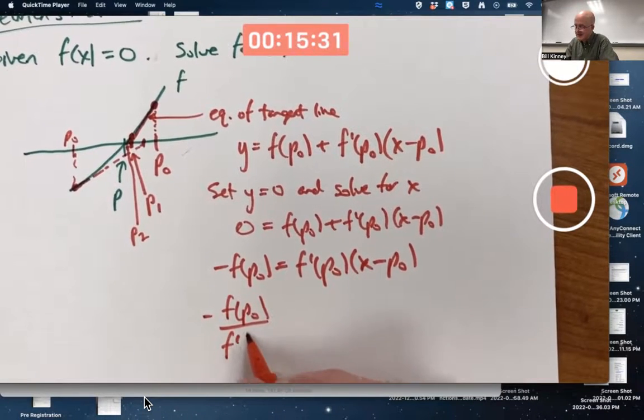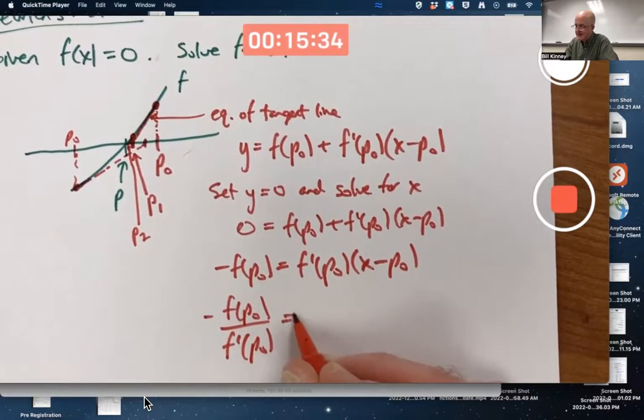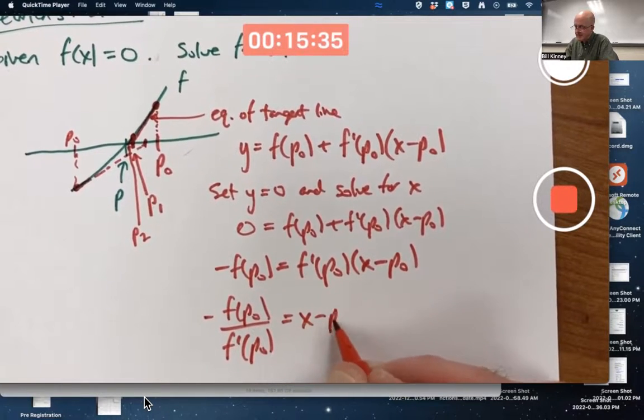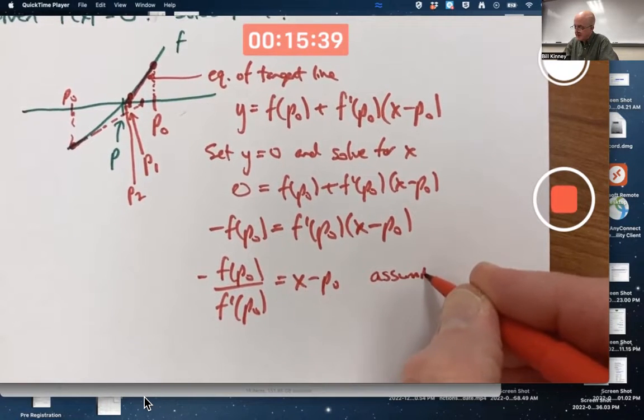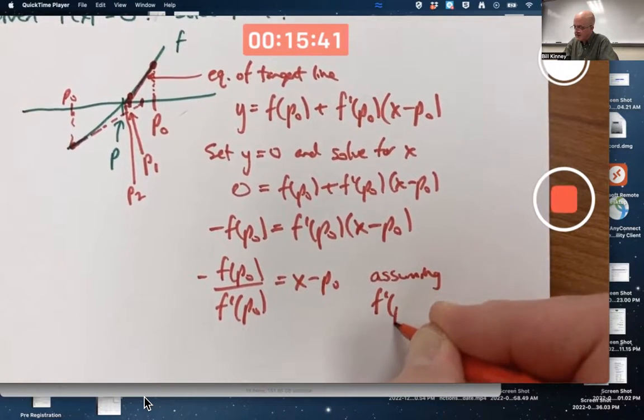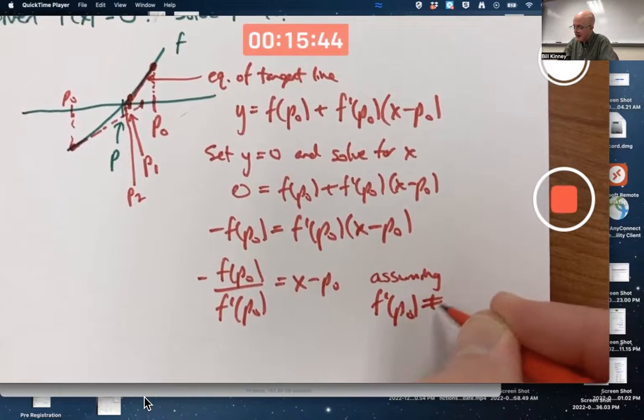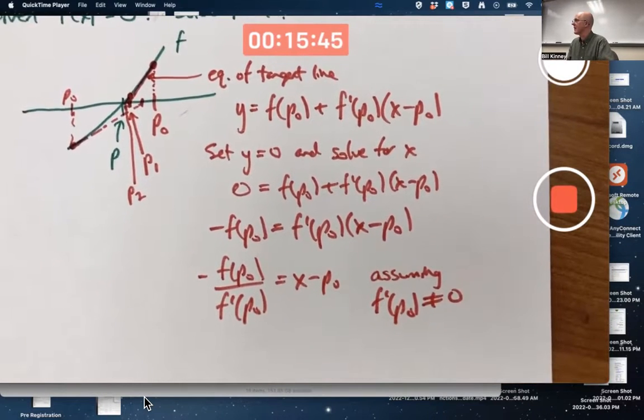We're implicitly assuming that f prime of p0 is non-zero, so that if we happen to choose a p0 where f prime was 0, that would be trouble for this method, wouldn't it?